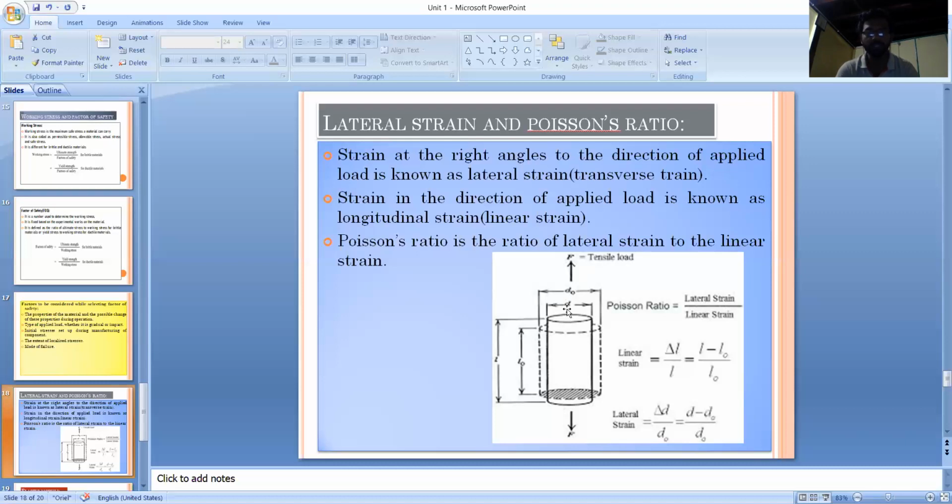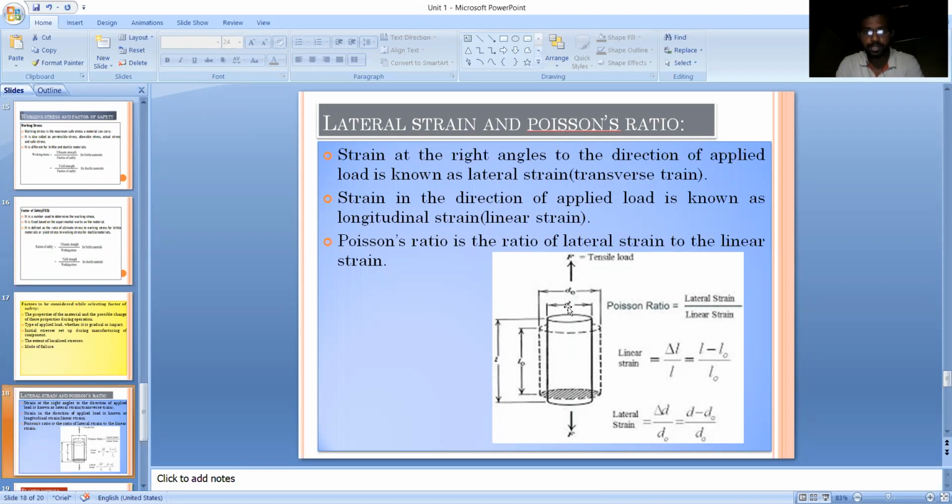Okay, so whenever the force is applied, the length is going to change, and the diameter is also going to change. The length is parallel to the force and the diameter is perpendicular to the force.